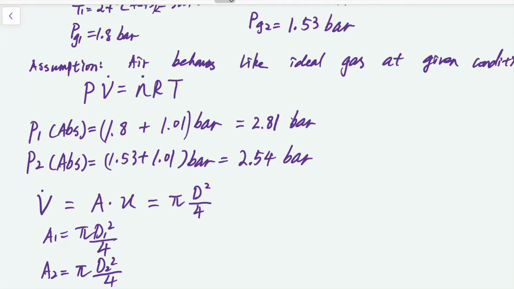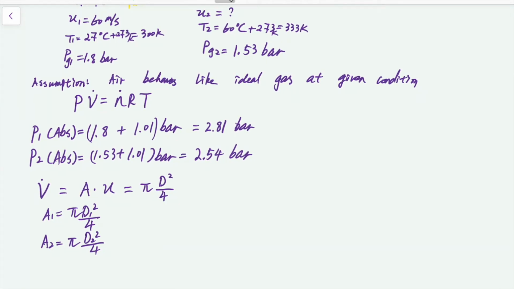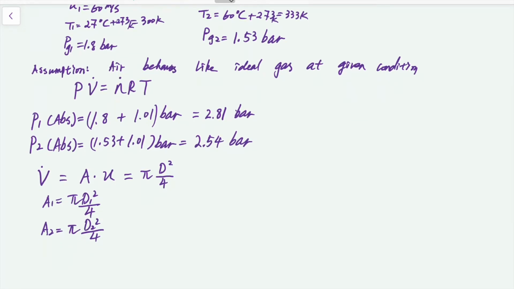And now we can go ahead to apply the ideal gas law to both input and output state. So we have P1 A1, because V1 we can substitute with A times U, so P1 A1 U1 divided by P2 A2 U2.